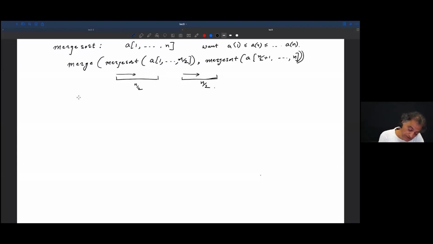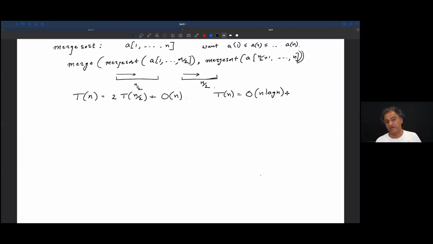Okay, so the running time is just T of n is 2 times T of n over 2 plus order n. And now you can see this is the case where T of n is order n log n, either by explicitly working out the recursion tree or by working through the master theorem. Okay, so that's merge sort.